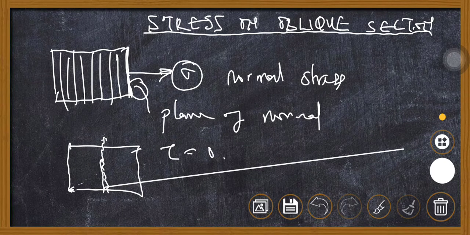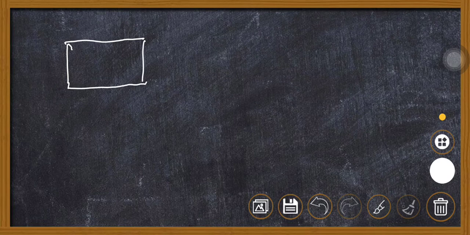I have a section like this, and that section is normal to the original plane. Now, if I have an oblique section like this, which is at an angle of theta with the section. Let's take this section as section E and F.